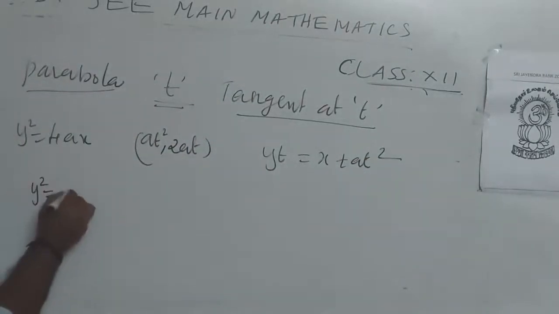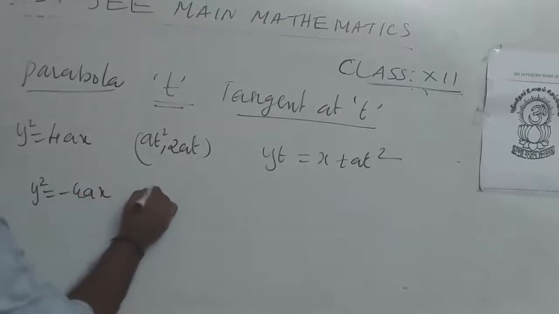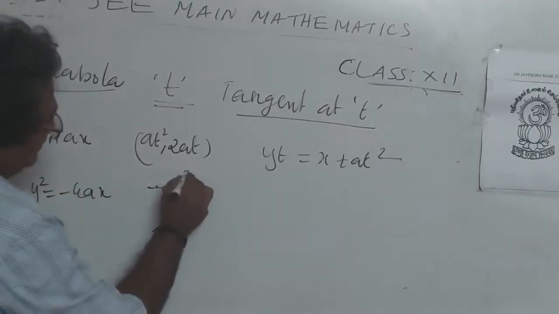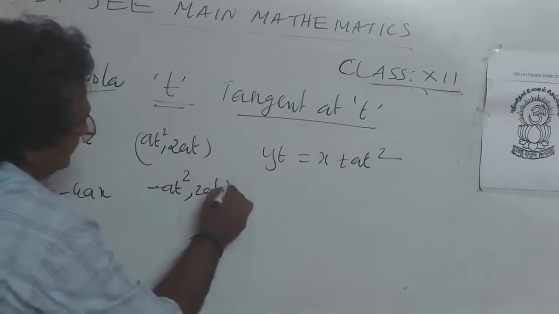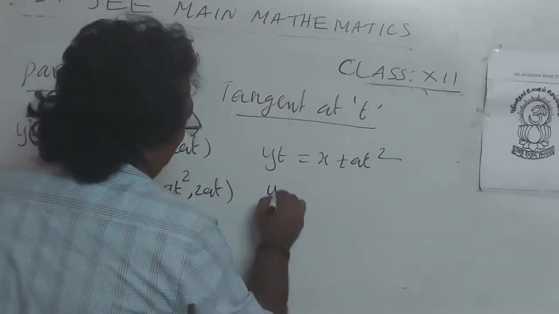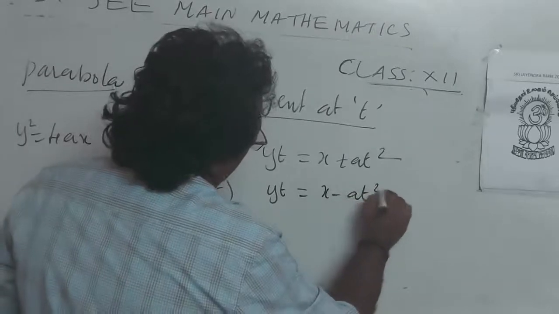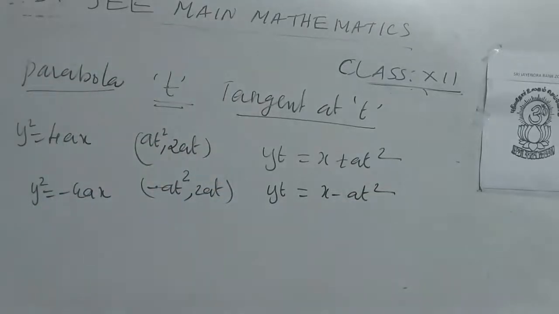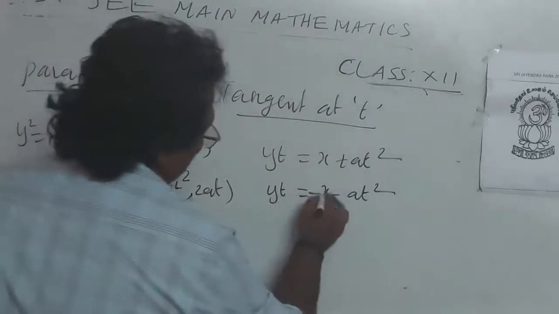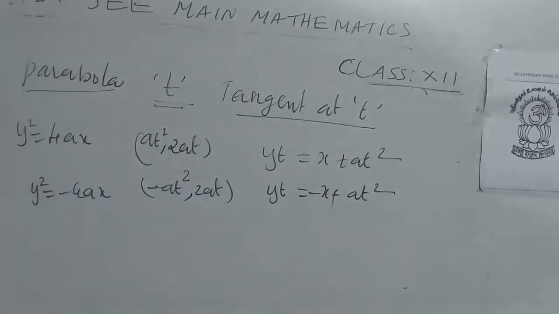For y squared equal to minus 4ax, the point is minus a t squared comma 2at, and yt equal to minus x plus a t squared.